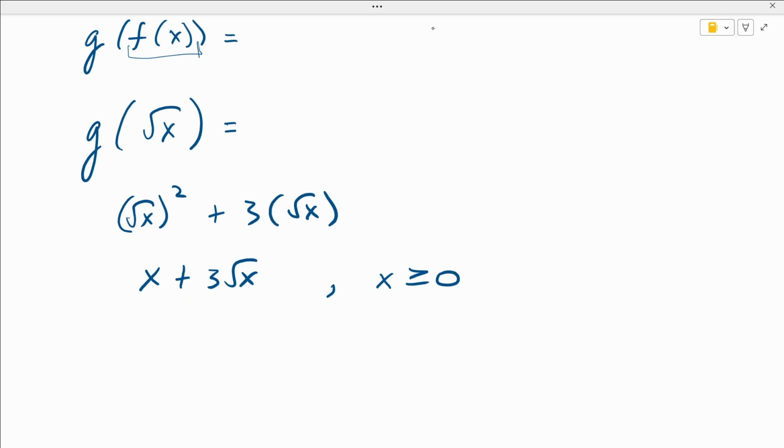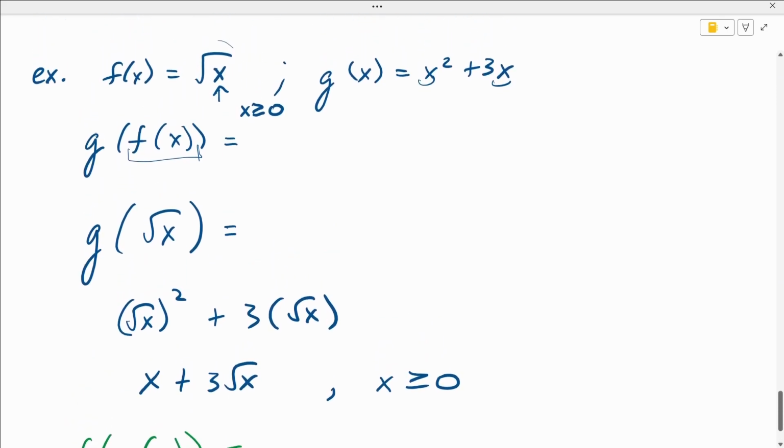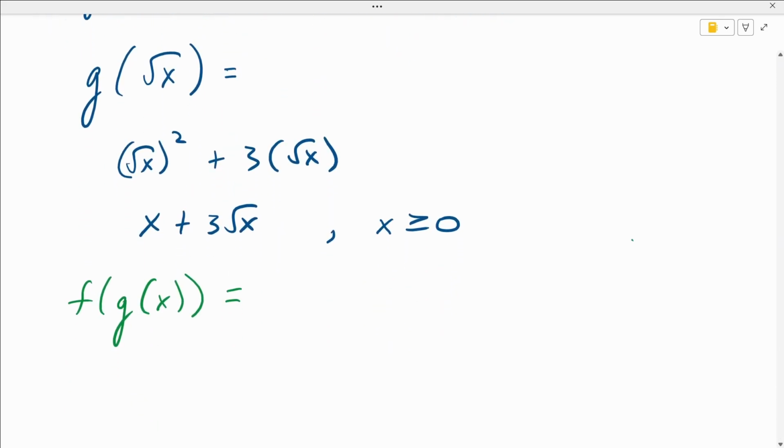Now, let's calculate f of g of x and see what that gives us. Well, f of g of x, remember, f of x is root x. I'll put that over on the side. And g of x was what?